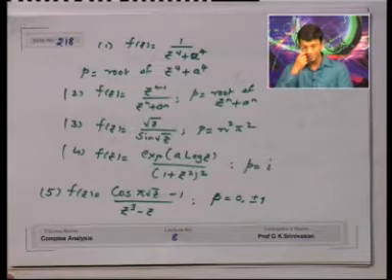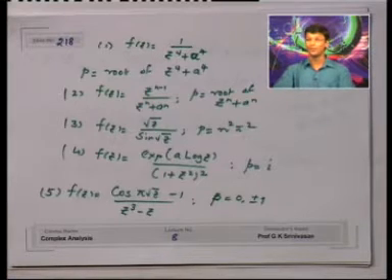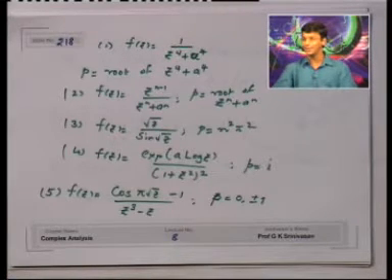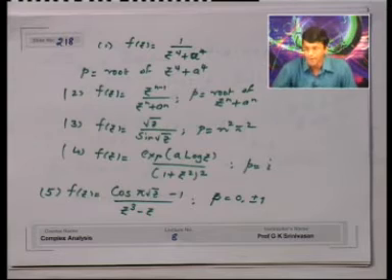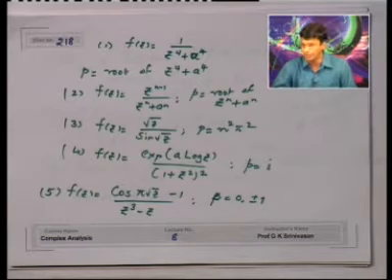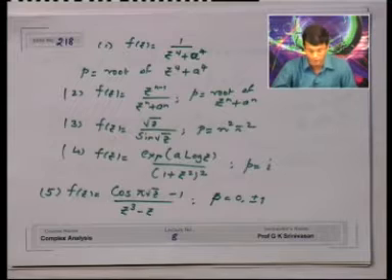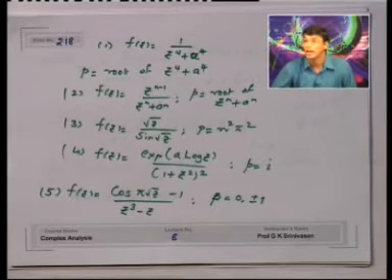The third function is root z upon sine root z. It is analytic at the origin, since root z and root z will cancel out. So, the origin is a removable singularity, right?